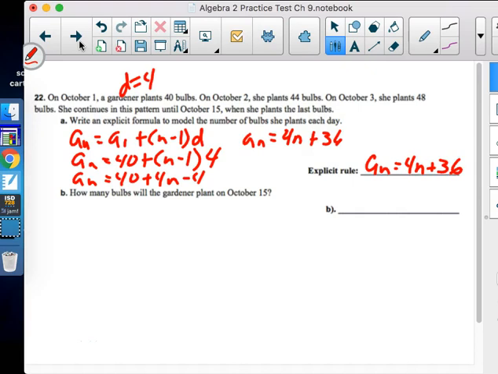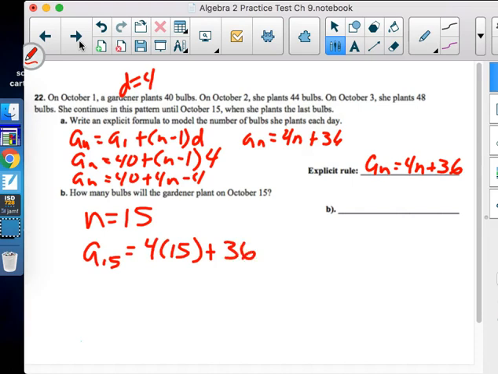How many bulbs will the gardener plant on October 15th? Started October 1st. How many days are we talking about? 15. N equals 15. Well, we can use our little formula for that. A sub 15 equals 4 times 15 plus 36, because they just want to know about that day.